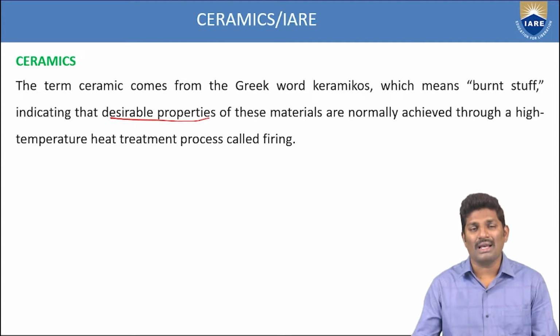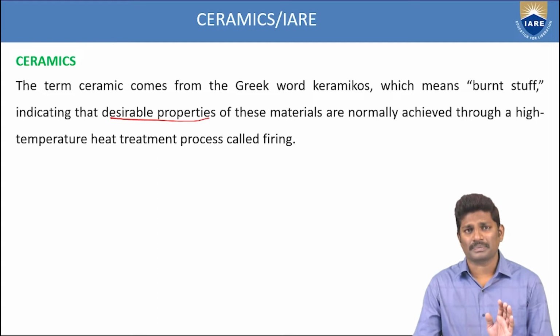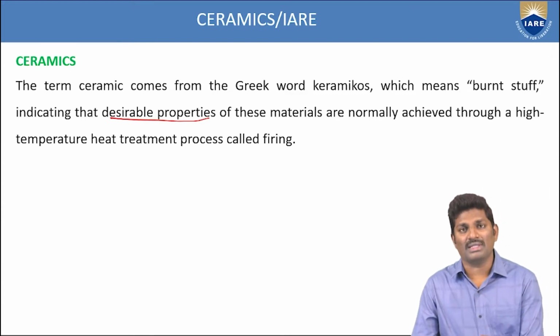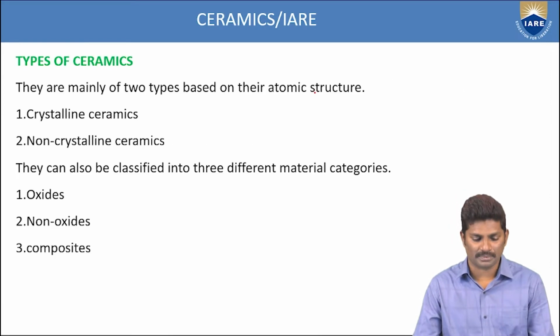That's why it is called burnt stuff. So whatever properties are required for our applications can be achieved by burning the material to the required temperature. So we'll get the desired properties. So this is what keramikos means in the Greek term, the burnt stuff.